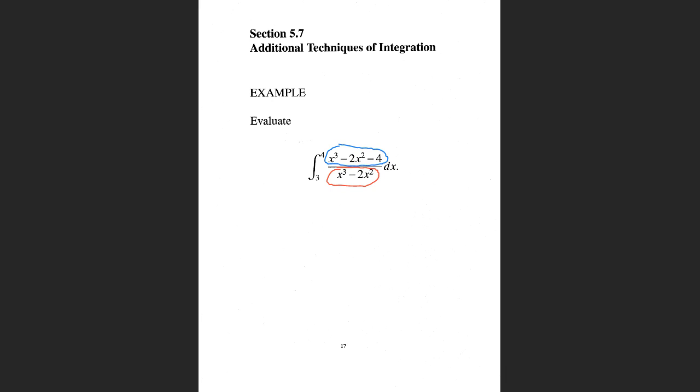So in this problem, you have a numerator and denominator with the same degree. They're both third degree. And you can't factor the bottom and do partial fractions and have it work.